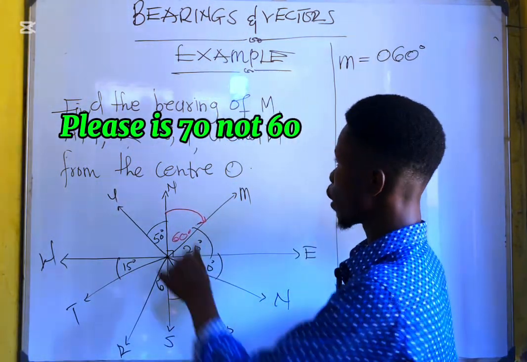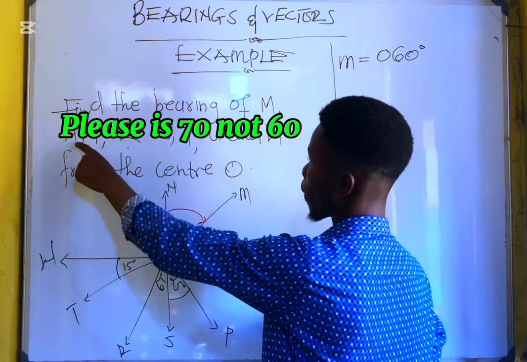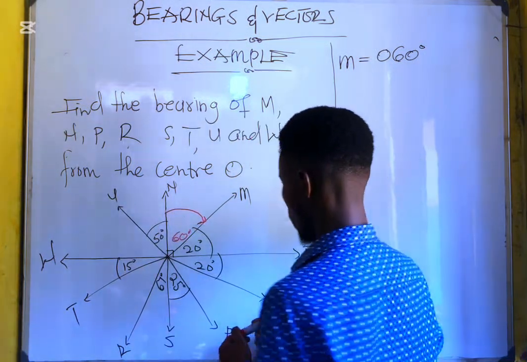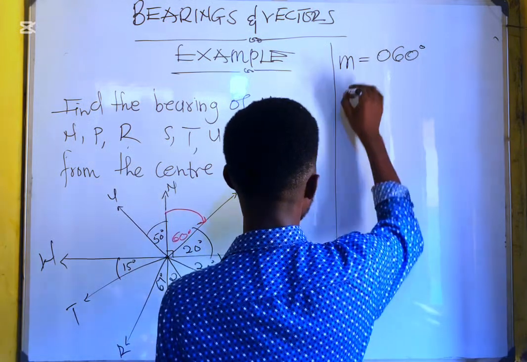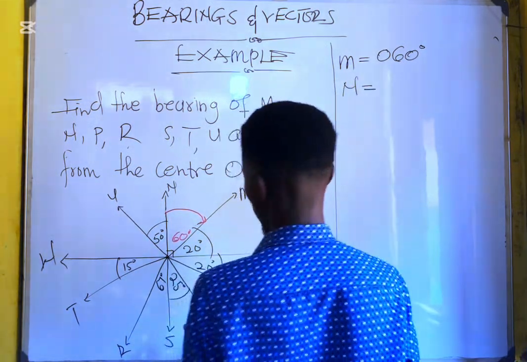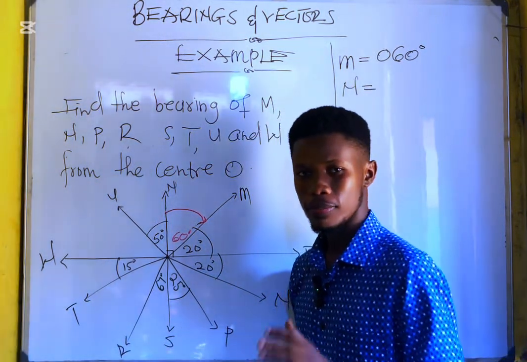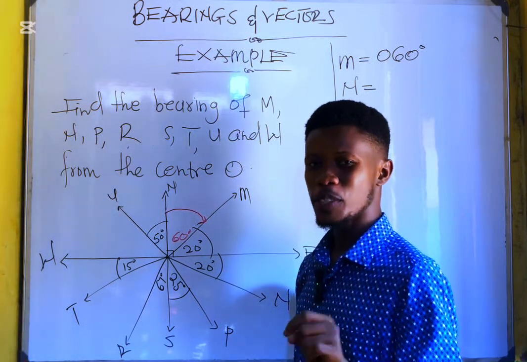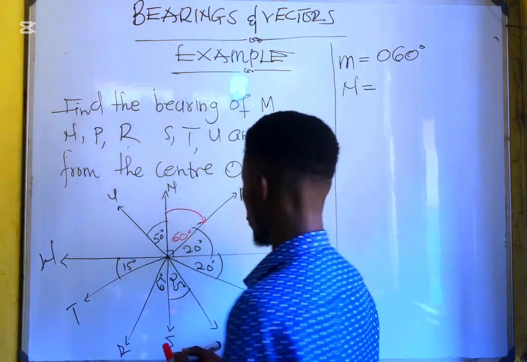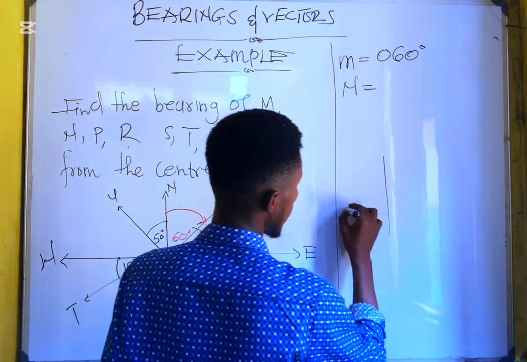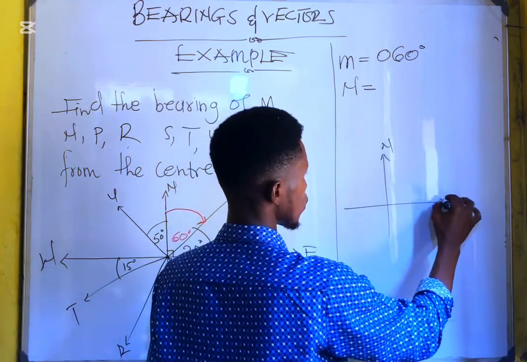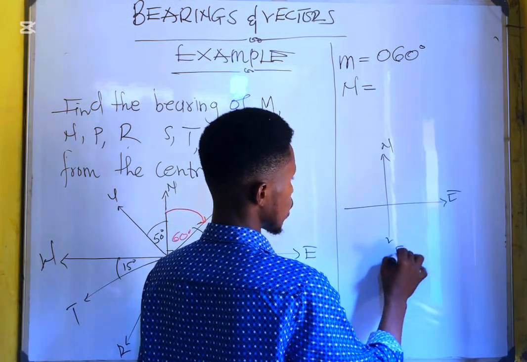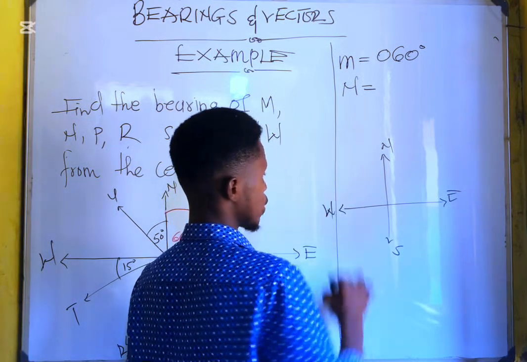Is that okay? Very good. Now you also look for the bearing of N. Before we explain that one, I should have said this to you. When you draw the cardinal points, for instance, this is the north, the east, the south, and the west.